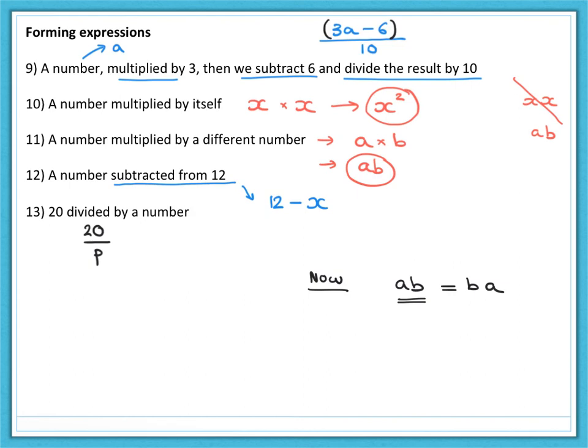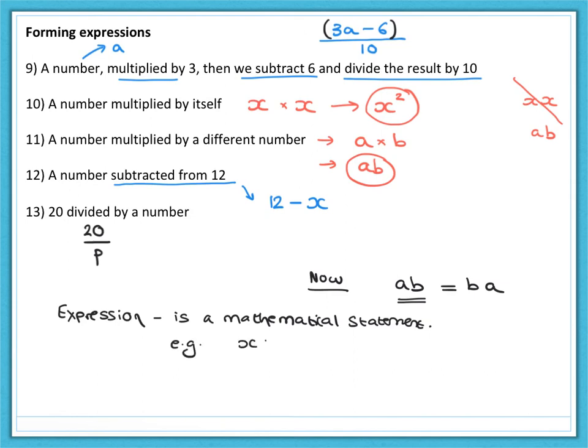Now, the last thing we're going to do is make sure we understand what an expression actually is. An expression is a mathematical statement. So in all these 13 questions, we have created mathematical statements. So a number multiplied by itself, x squared. A number add 3, x add 3. These are all mathematical statements.